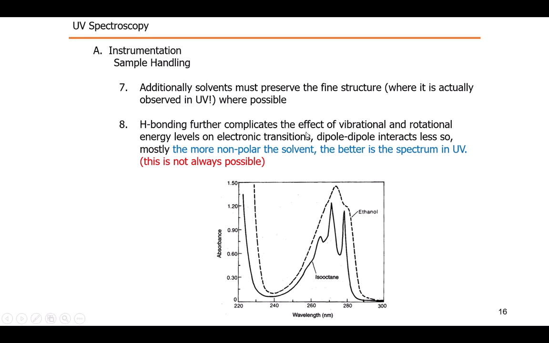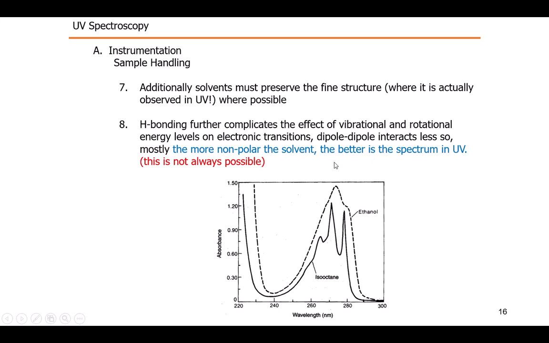H bonding affects the vibrational and rotational energy levels, and electronic transitions are also affected. So the spectra will be affected whenever there is extensive hydrogen bonding of the solvent with the sample. Dipole-dipole interaction would decrease the effects, but would also affect the spectrum.